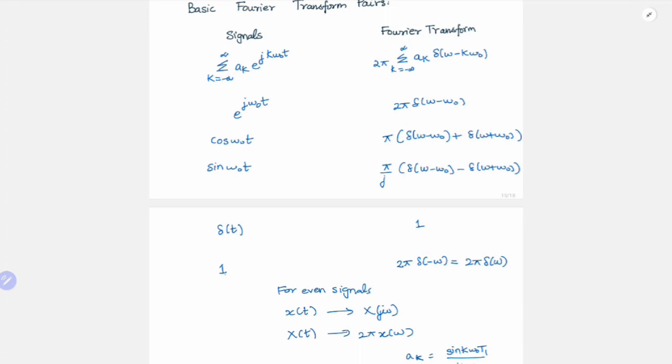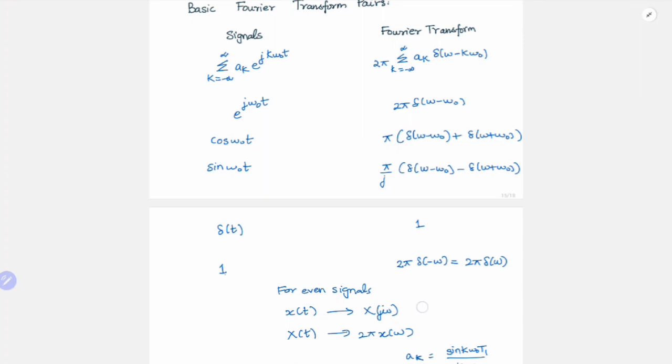So this is where these properties are all helpful, right? You needn't go again and derive it from the basic Fourier transform equation, again do the integral. That is not required. You can just use the property, and if you already know a few of the Fourier transforms, you can use the property on them and directly get your answers.